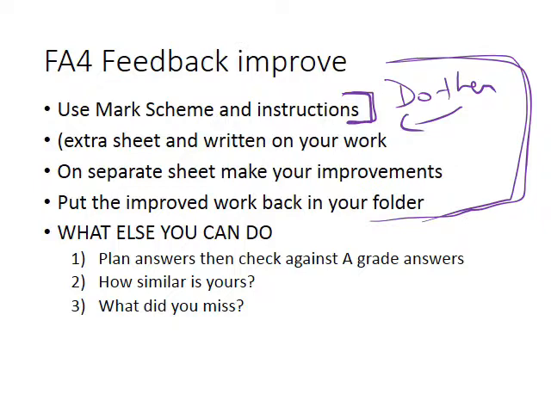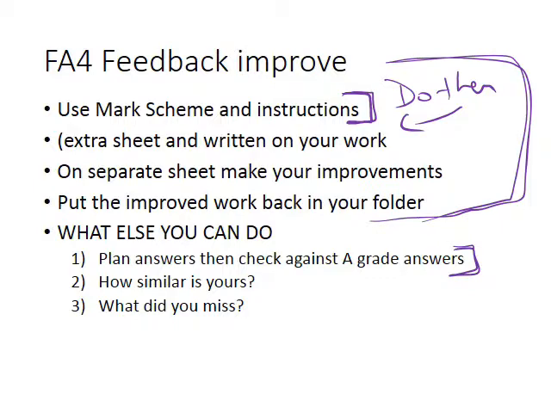Once you've made your improvements, there's a few extra things you can do. There are 2 example A grade answers from last summer's paper 1. Before you read them though, look at the question, plan it yourself first on a bit of scrap paper, how would you answer it, and then read through the example answer and see how similar it is to yours, and is there anything else you've missed.